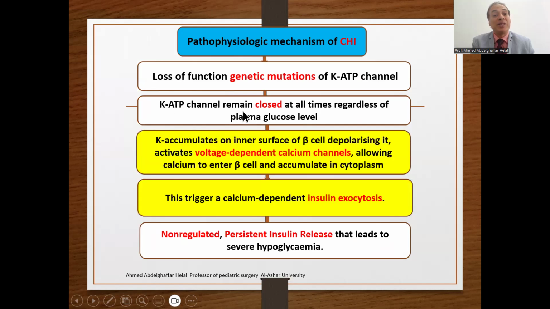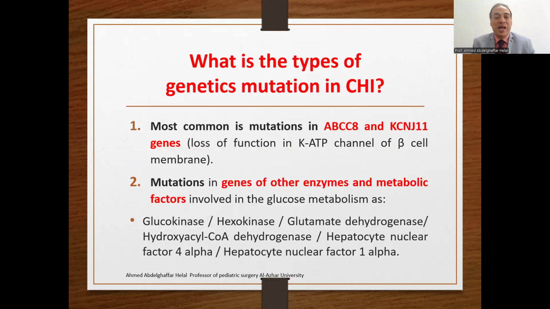The potassium ATP channel remains closed all the time, regardless of the plasma glucose. Potassium accumulates inside the beta cell, depolarizing it, activating the calcium channels, allowing the calcium to enter and accumulate in the cytoplasm, triggering insulin exocytosis, non-regulated persistent insulin release that leads to severe hypoglycemia. So imagine a child born with continuous insulin, a neonate with continuous insulin, severe persistent hypoglycemia.